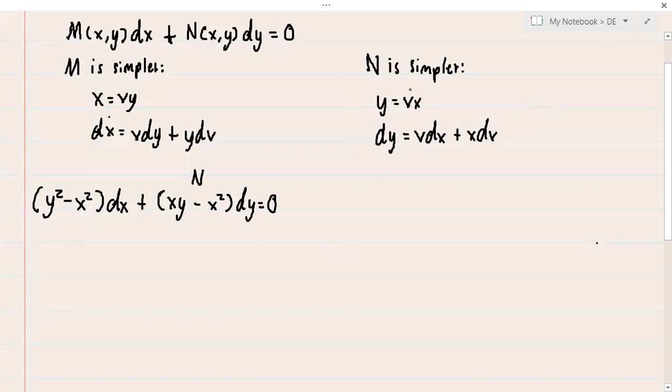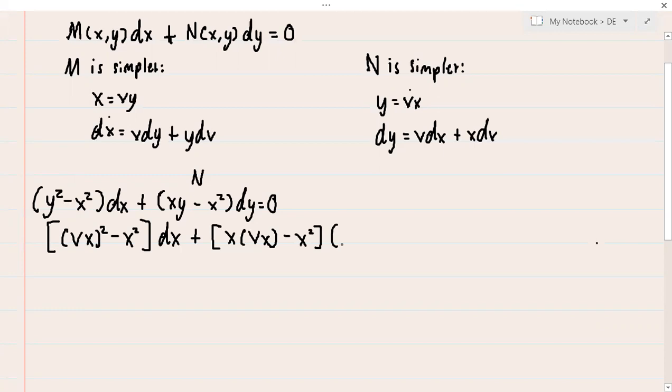So since y is equal to vx, ito magiging the square of vx, plus minus x squared times dx, plus ito x times y. Again, y is vx, di ba? So x times vx minus x squared. Tapos itong si dy, siya ay v dx plus x dv.